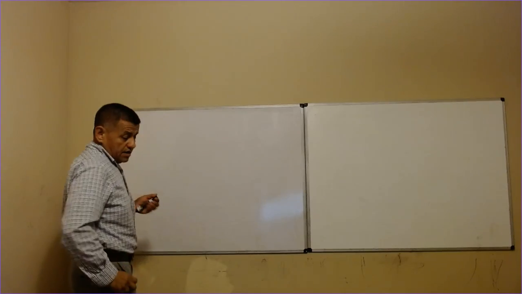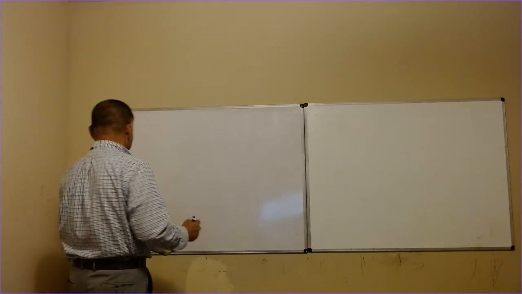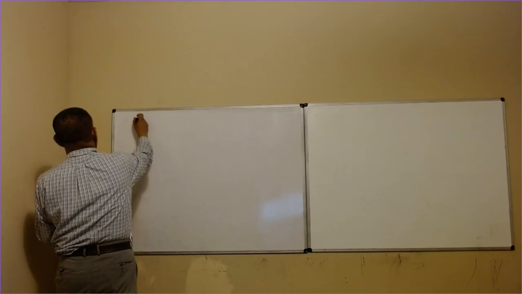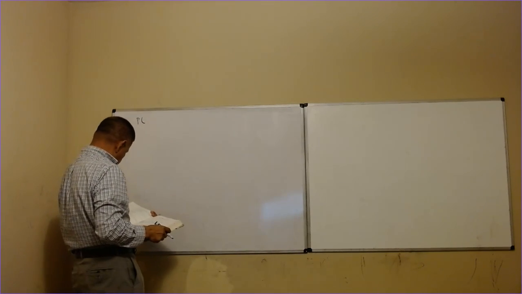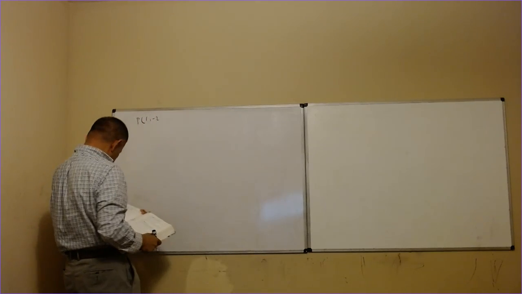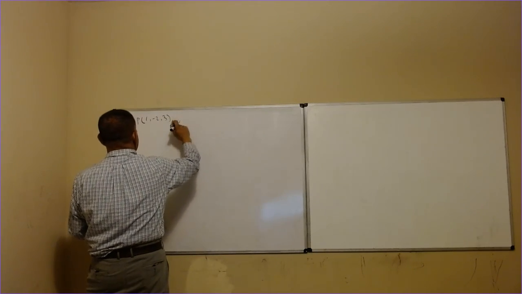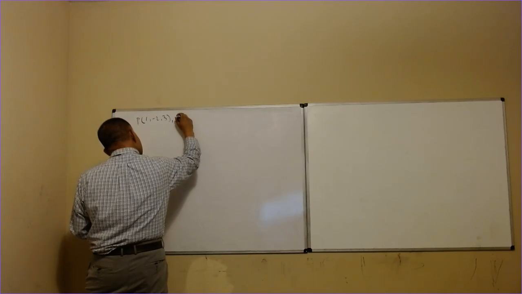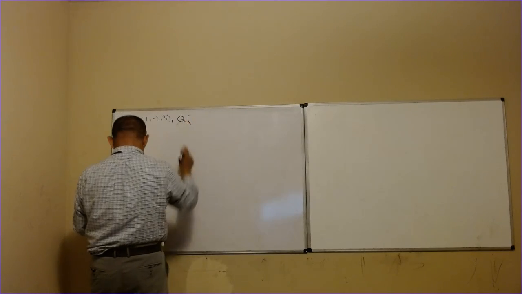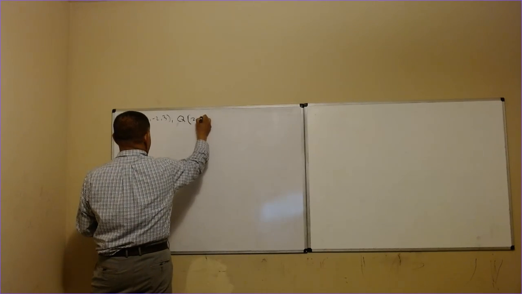So here I will say that point P is, I don't know if you can read this, but P is (1, -2, 3), right? And then point Q is (2, 1, 0).